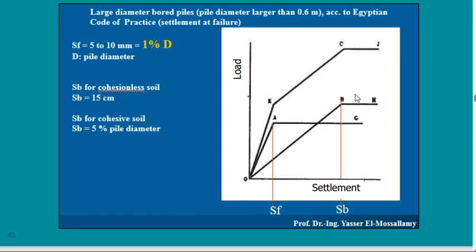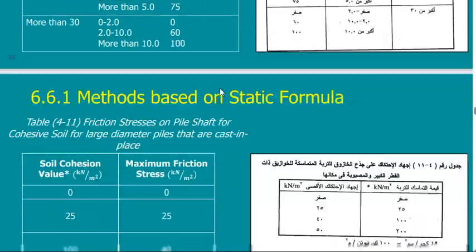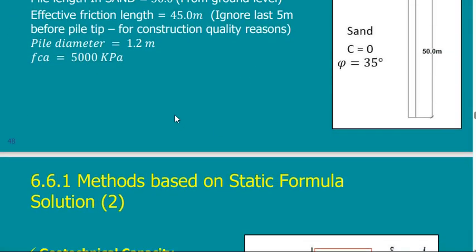Maybe a concrete pile in one soil will carry a specific value. But if I replace this concrete pile with a wooden pile, it will not be able to carry it. Then in this case, the governing value will be the capacity of the section of the pile. So later when I finish my solution, I have to check.